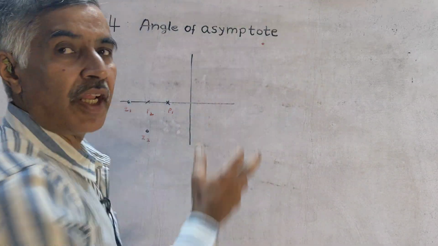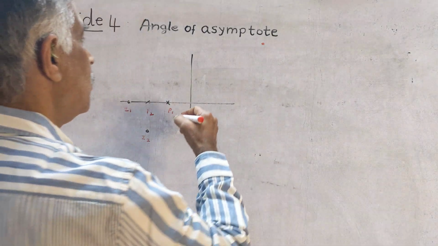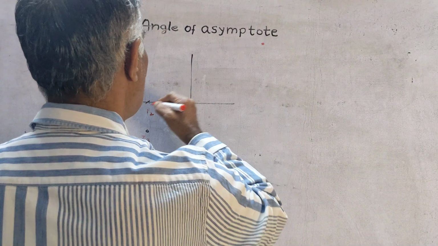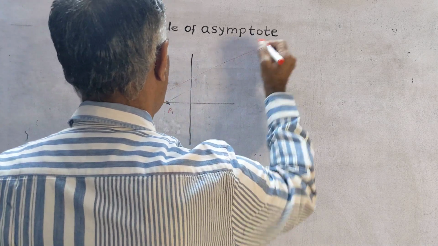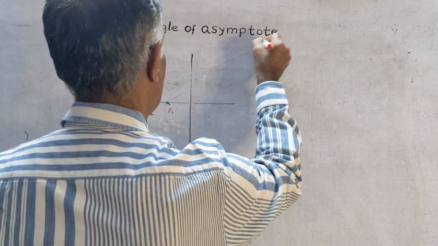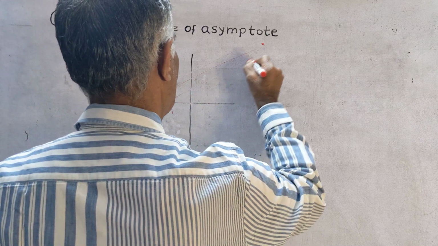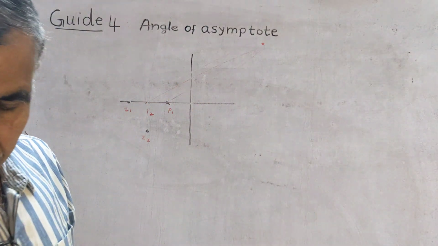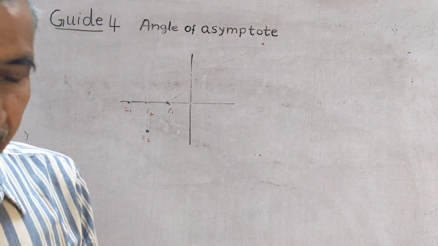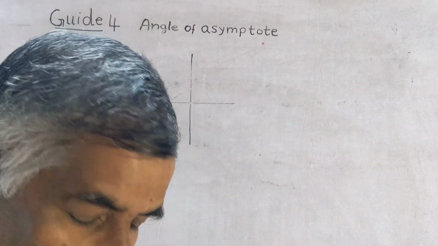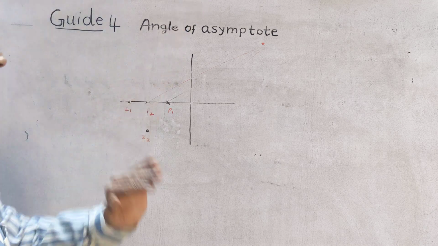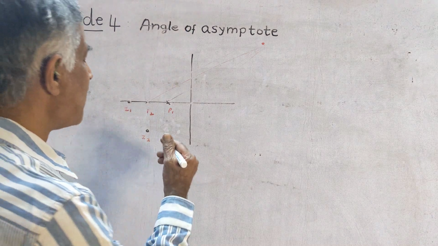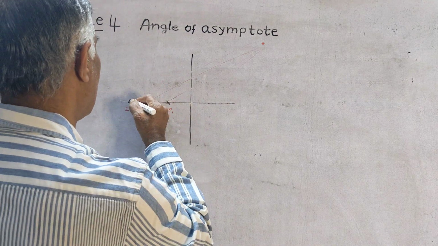Imagine that this trial point is at infinity. Now we have to join these points. When the trial point is at a far off distance, you can imagine that these lines are parallel.